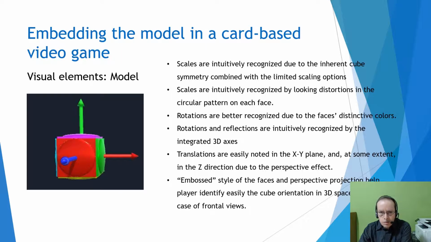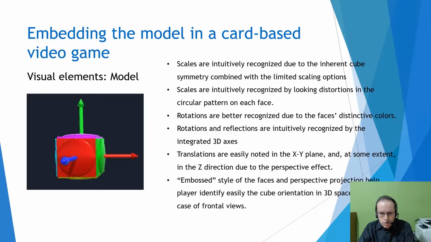The visual design of the model helps to reduce the numeric information of the exercise with some elements. For example, scales are better recognized through the cube symmetry and also with the circular pattern, looking for distortion on it. Rotations are better recognized with the different colors of the faces, and also through the integrated 3D axis.